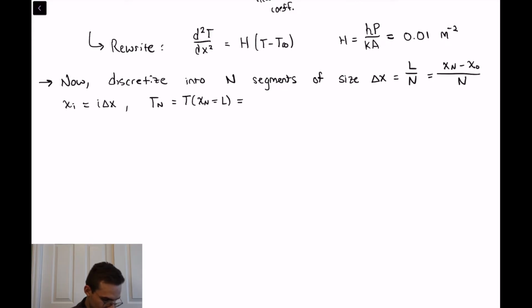And we know that that is equal to 200 degrees Celsius. And T naught, which is T evaluated at x naught equals 0, is equal to 40 degrees Celsius.